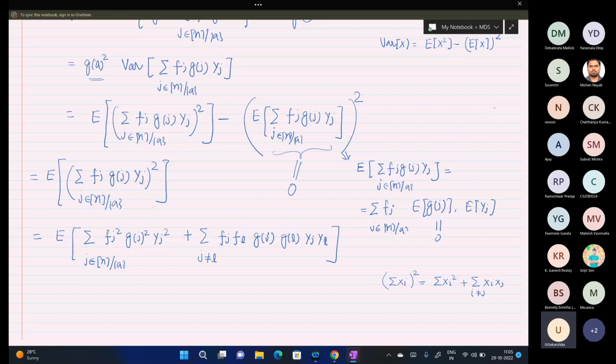Right. So I've used the same formula over here. Okay, so any doubt on this?